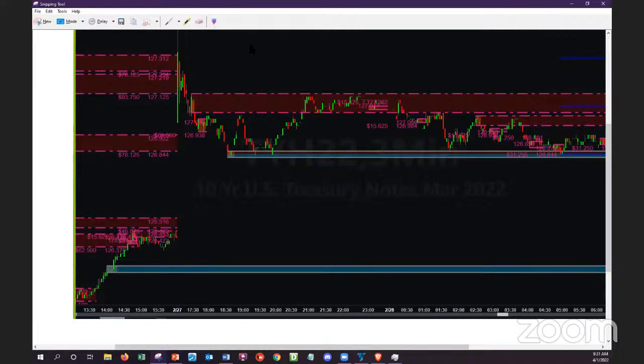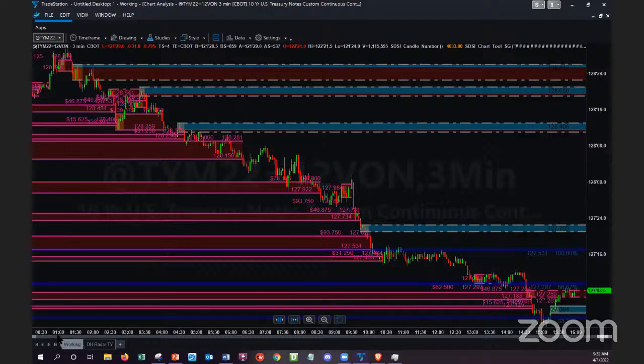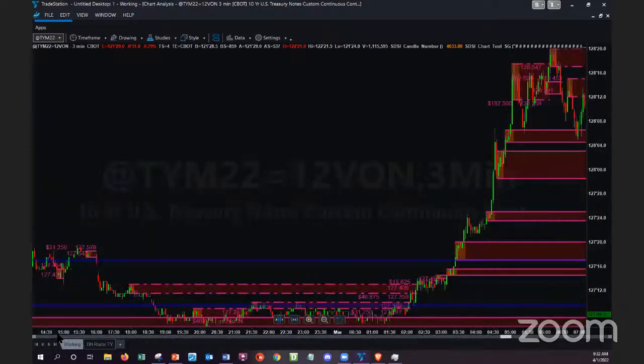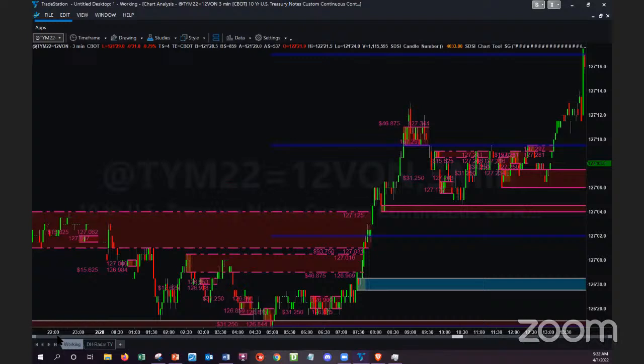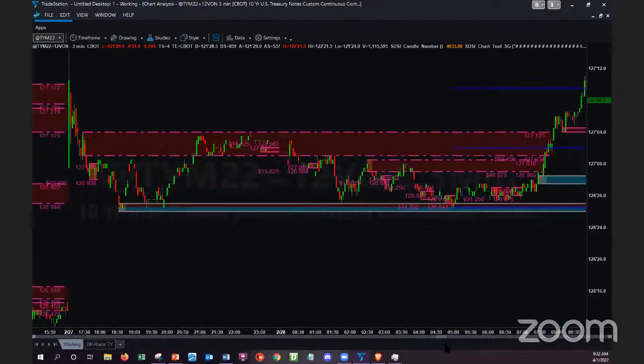This big gap here is a good marker. Okay, there's a big gap. So now we have this band here, this band here.